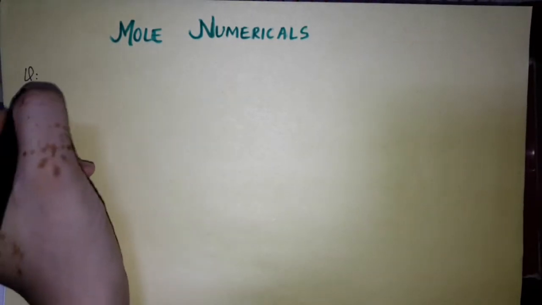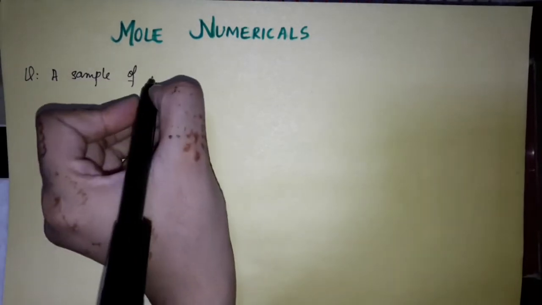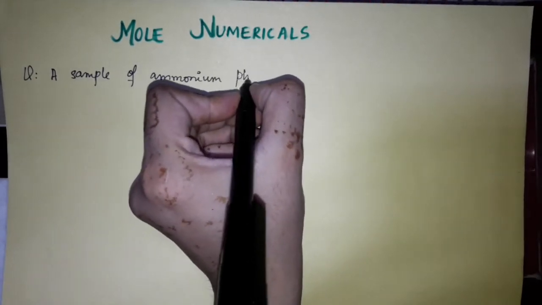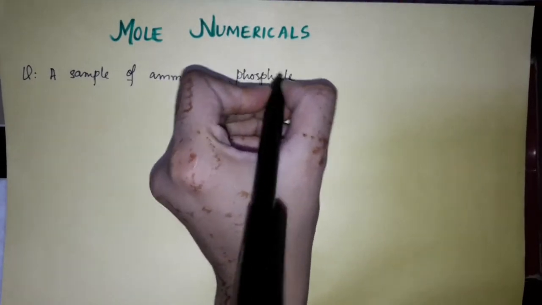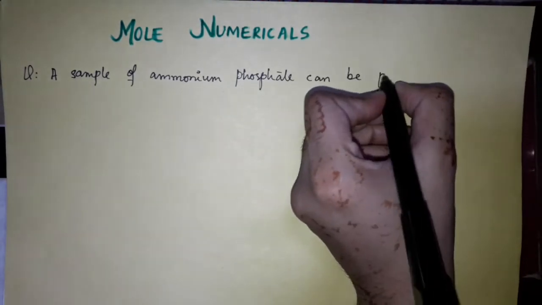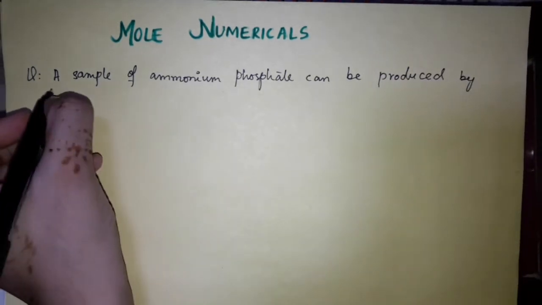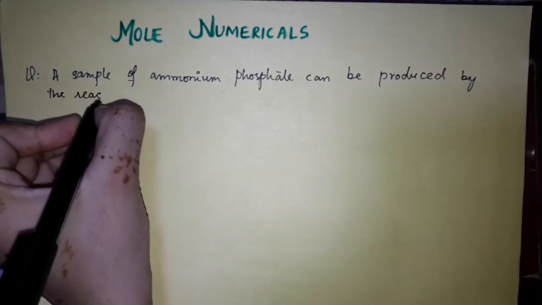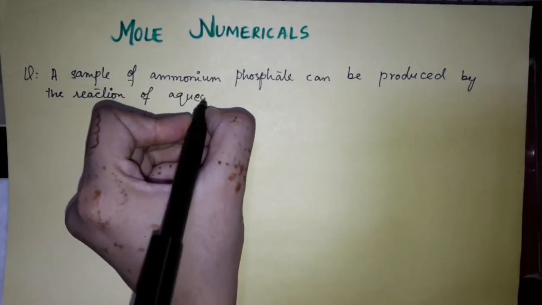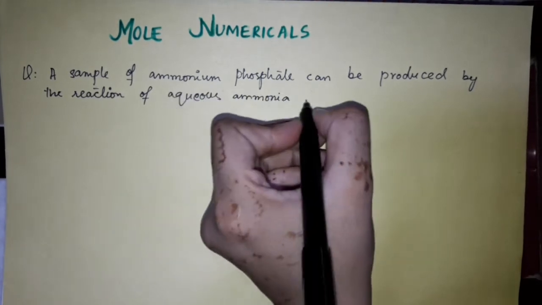The question is: a sample of ammonium phosphate can be produced by the reaction of aqueous ammonia and phosphoric acid.